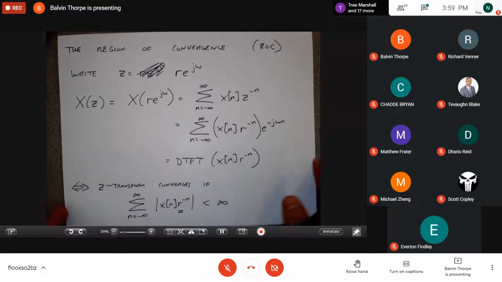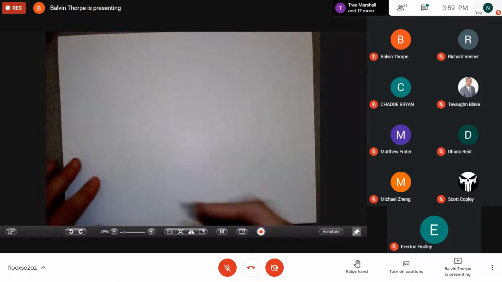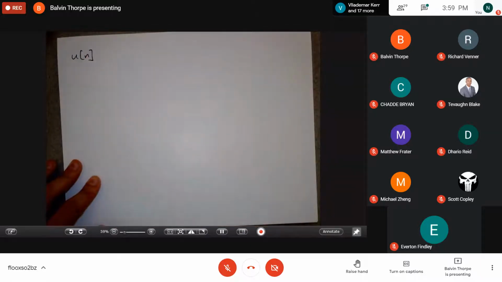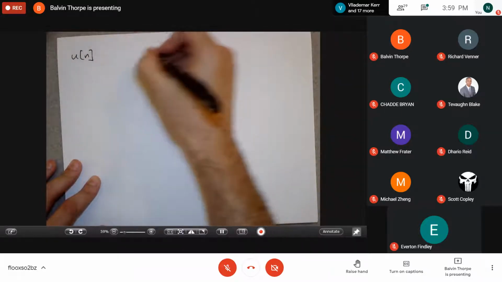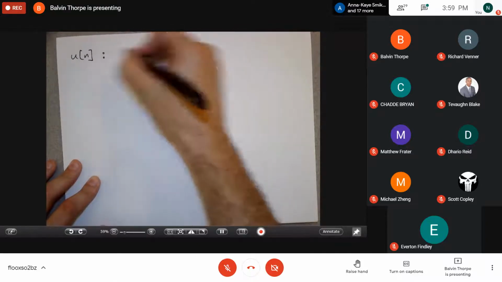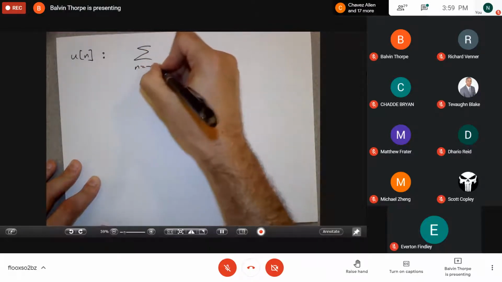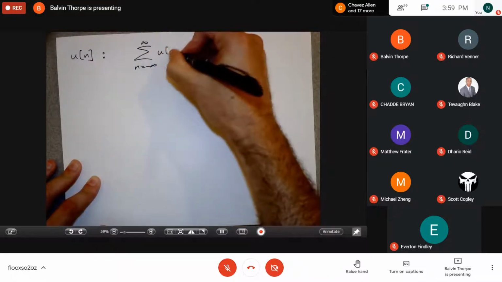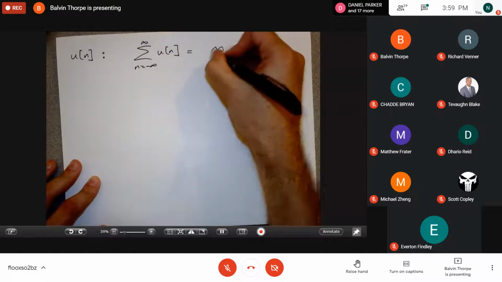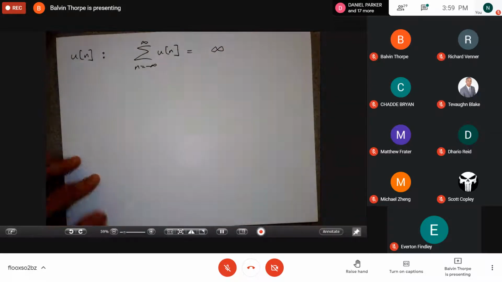Okay, just to make an example, let's consider the step function. If I were to look at this sum, I would get infinity, because I'd be adding up all those numbers. So I can't take the Fourier transform of the step function. Not possible to do.